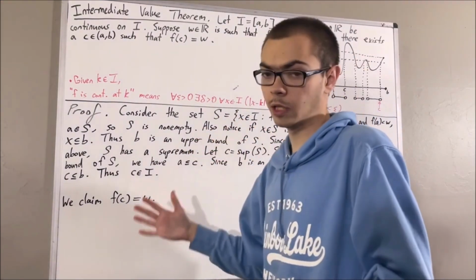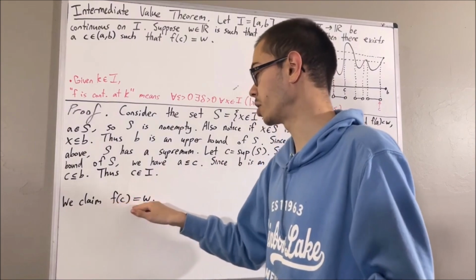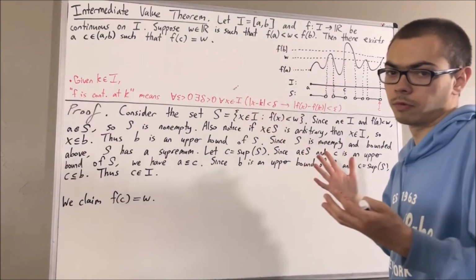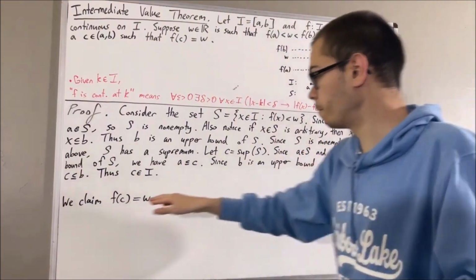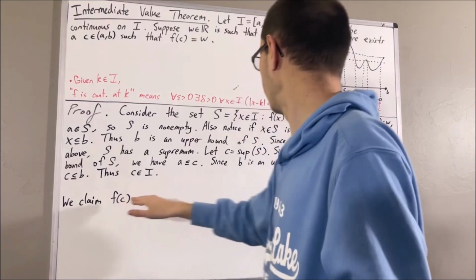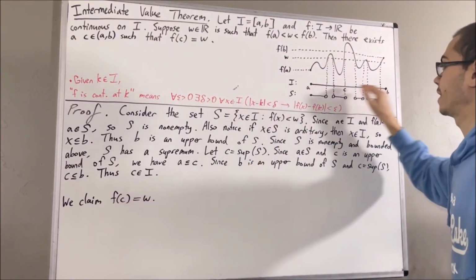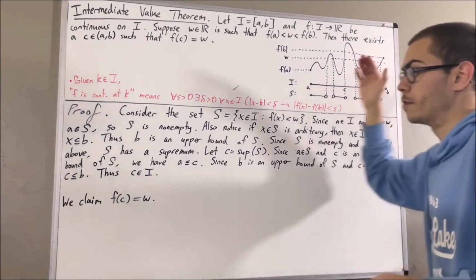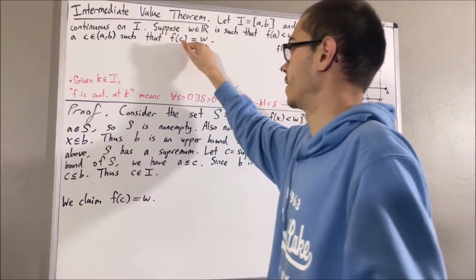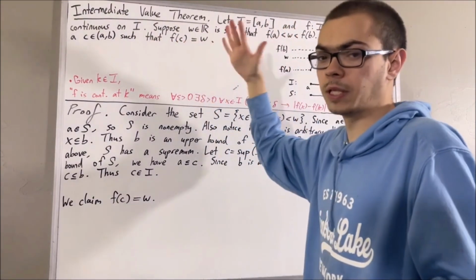Similarly, if we had C equal to B, then we would have f of B equal to W, and f of B greater than W. But that's not possible. So, if we can show that this is true, then that will tell us we have C, which is an element of I, but not equal to A or B. Therefore, C would be an element of the open interval A comma B, such that f of C is equal to W. And the proof will be complete.